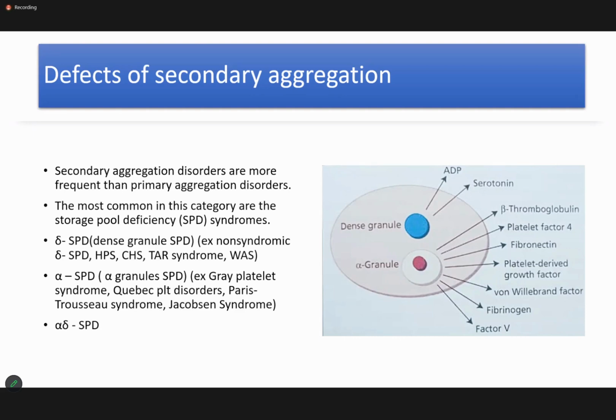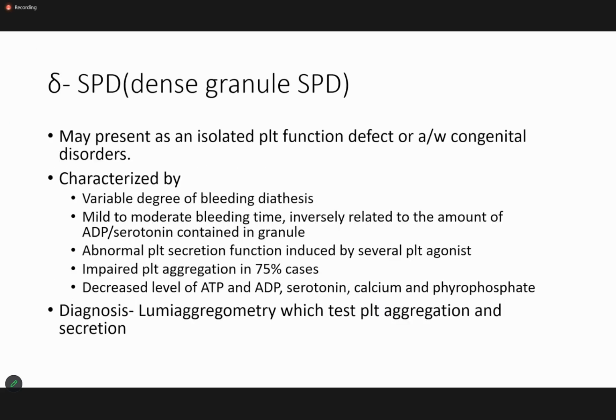Basically, the dense granules that you see in a platelet have ADP and serotonin, while the alpha granules have many other proteins, for example factor V, fibrinogen, von Willebrand factor, and so on. So any abnormality to these granules can give rise to a specific disease in particular patients. So now we go to dense granule SPD.